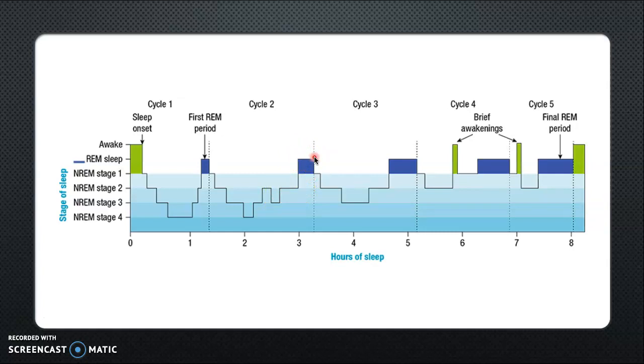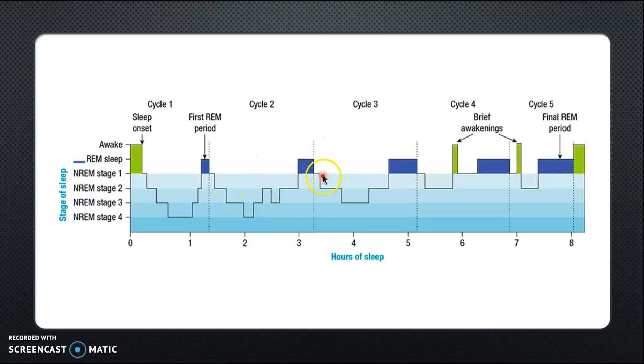And so every time we get to this level above stage 1, we call it a sleep cycle. So a sleep cycle starts from being awake into deep sleep until we hit a brain activity of REM sleep and the next stage of stage 1 sleep. So each cycle is a new stage 1 sleep dropping down into a deeper sleep.